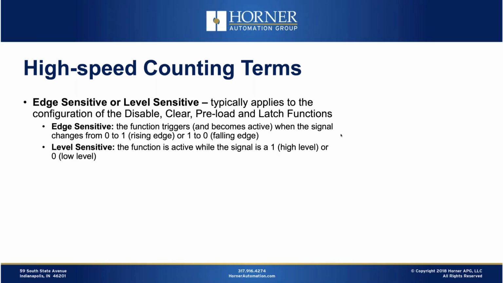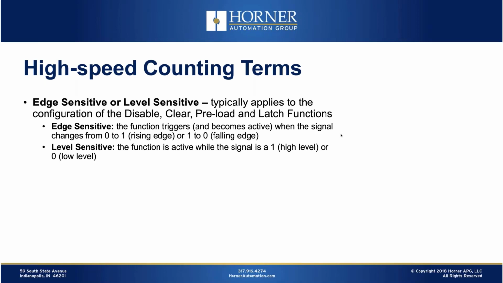And then lastly, I want to talk about edge sensitive signals or level sensitive signals. So with edge sensitive signals, a function such as, let's say, a clear function will be active anytime the signal changes, say, from 0 to 1 with a rising edge or 1 to 0 with a falling edge.